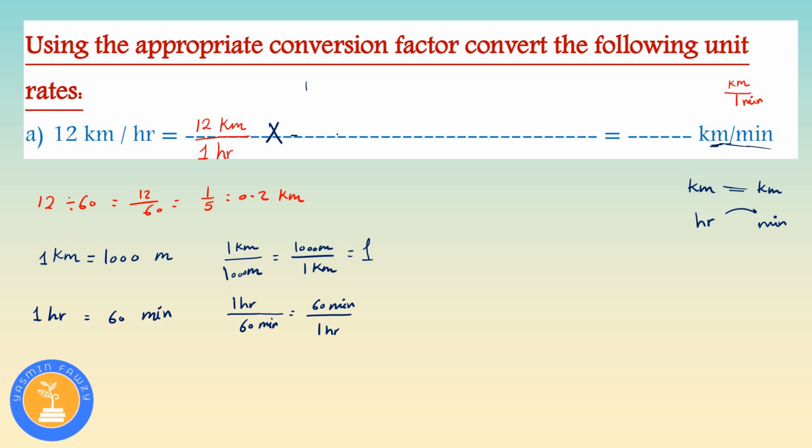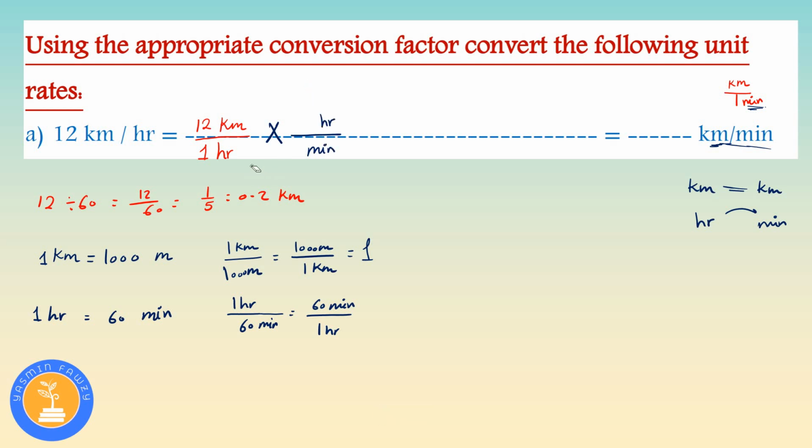Okay, so I multiply by the conversion factor between the hour and the minutes, which is one of these two relations, right? Which one will I use? I will use the one with the hour up or hour down. Well, according to the answer here, I have minutes down. So I'll put here minute down. Then I will put hour up.